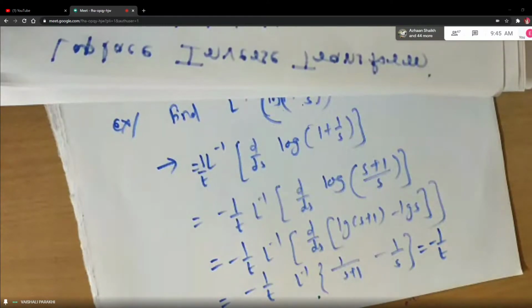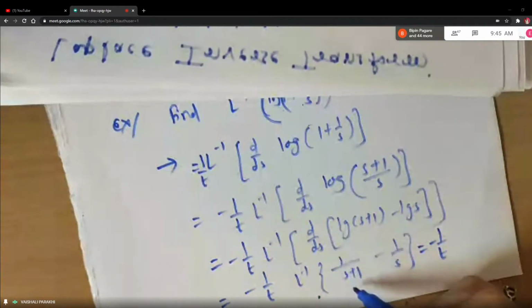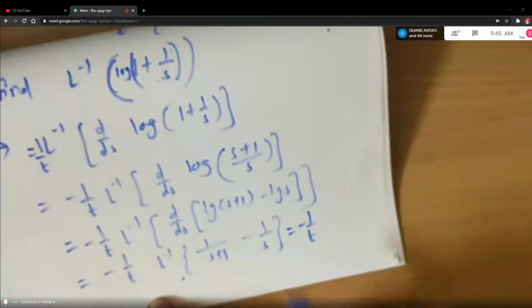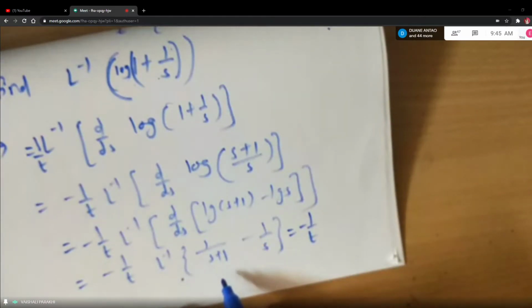Anirudh, can you tell me what is L inverse of 1 upon s plus 1? Just look at the formula. What is L inverse of 1 upon s plus a?